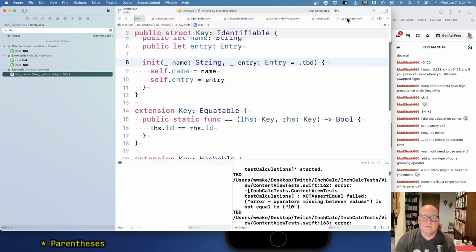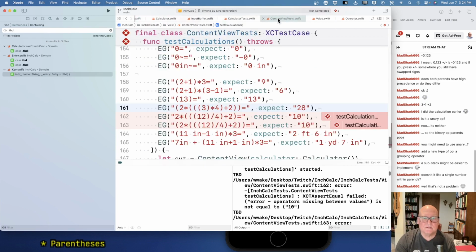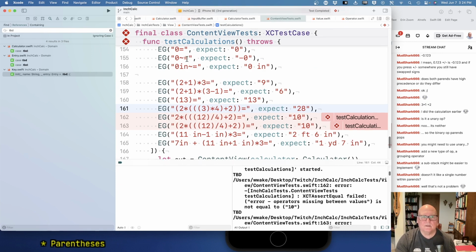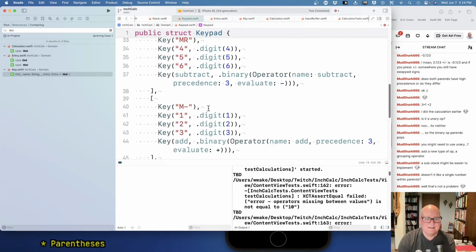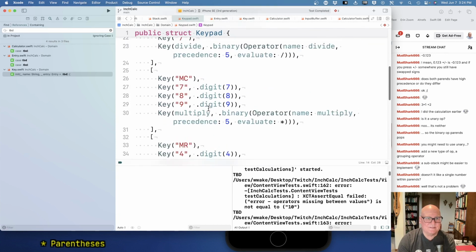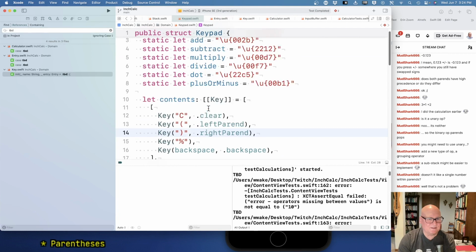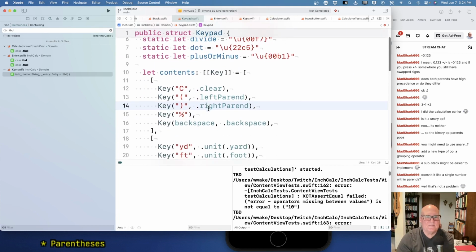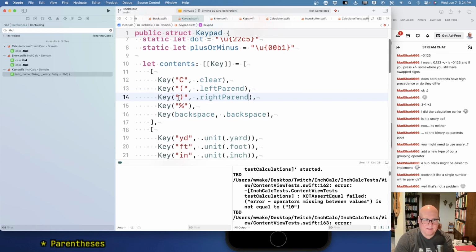Okay, does our content view test? What about content view? No. Is it keypad? Where's my left and right paren? Okay. Okay, those look correct to me.